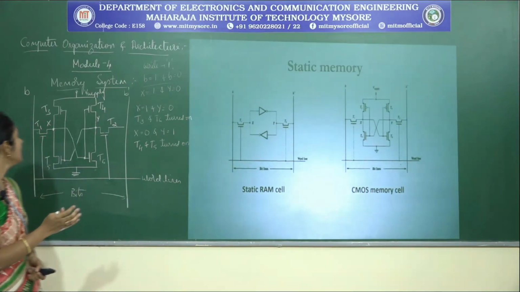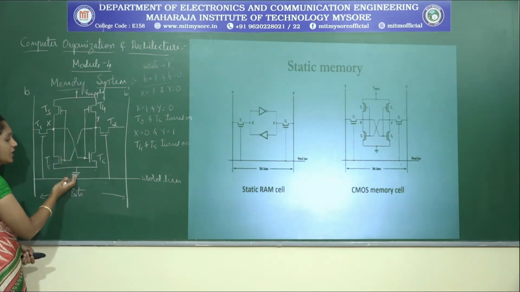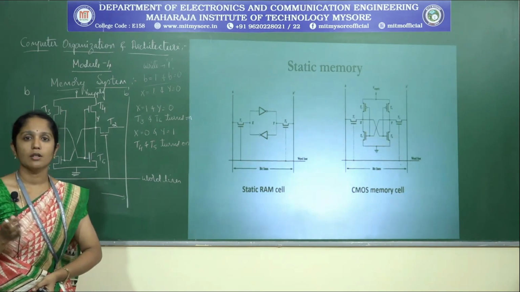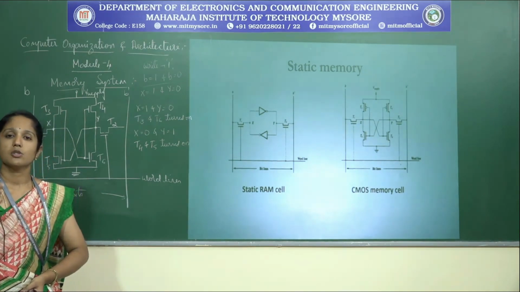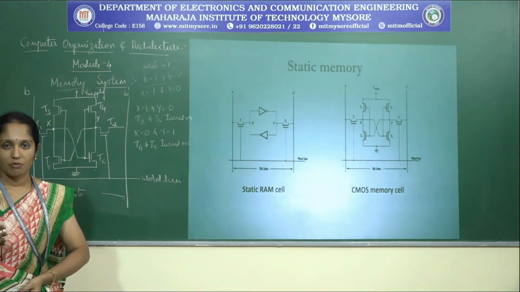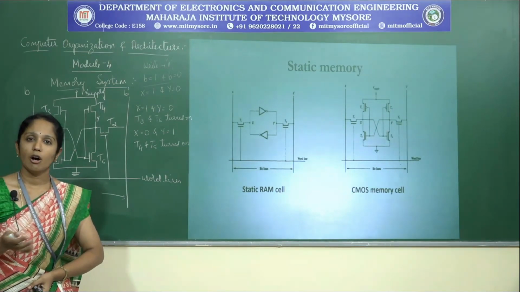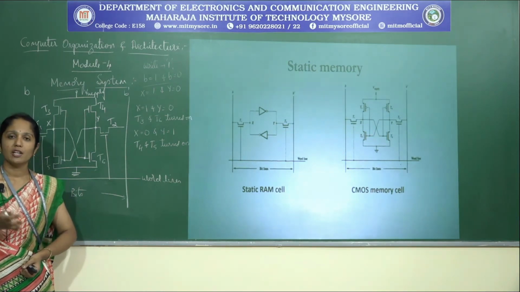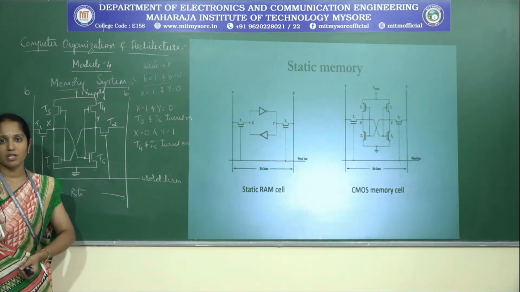Whatever I have written here as VDD or V supply, I have indicated the ground symbol. CMOS inverters required a power supply of 5 volts, and the modern CMOS cells require a voltage of 3.3 volts.